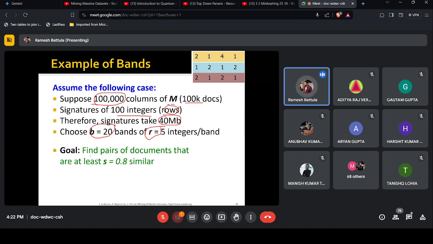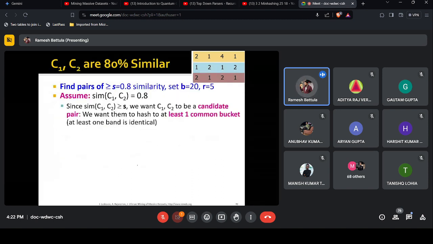Finally, we need to find the pair of documents that are at least s equal to 0.8 similar. In that case, we assume two documents C1, C2, where the similarity of C1, C2 is equal to 0.8. Since the similarity of C1, C2 is greater than or equal to s, we want C1, C2 to be a candidate pair.